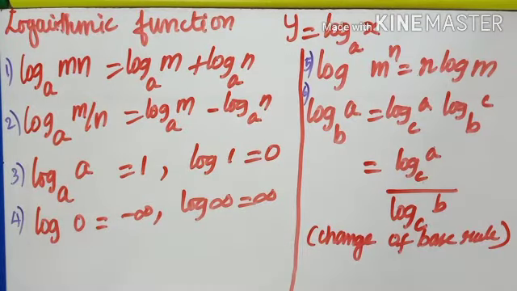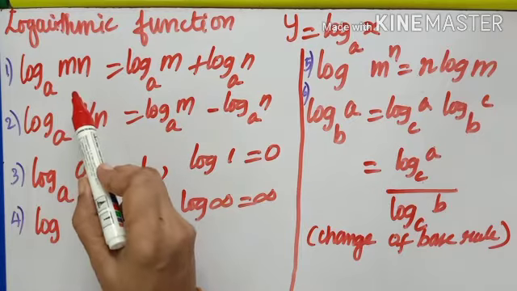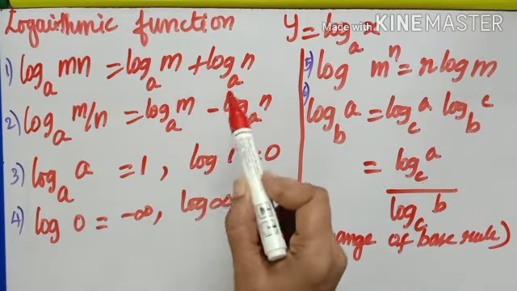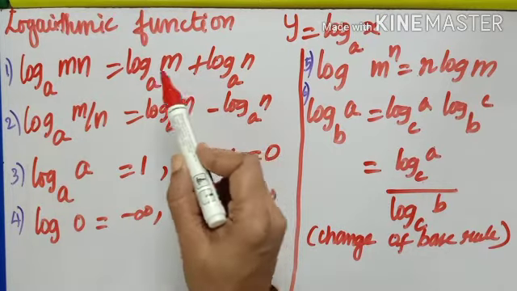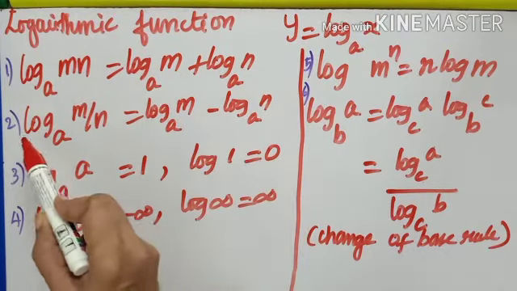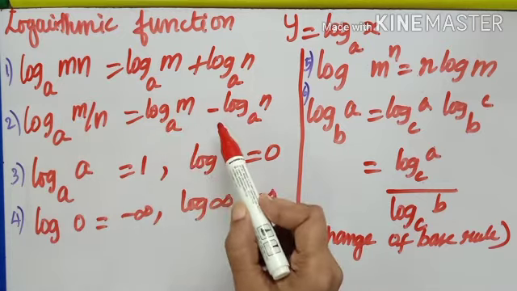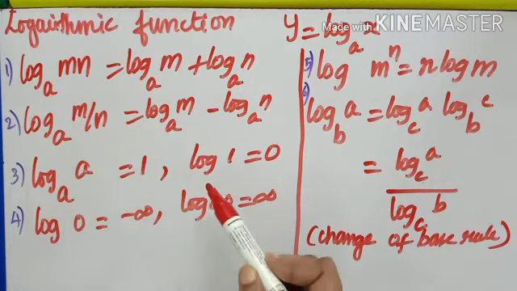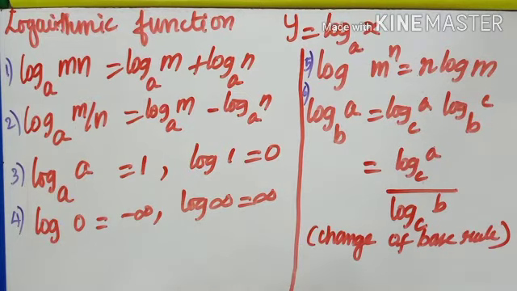Let us list out all the formulas that we have discussed so far. The very first property to remember, the product rule: log mn becomes log m plus log n. Multiply implies add the logarithms. Log m by n is log m minus log n. Log a base a is 1, whereas log 1 becomes 0.